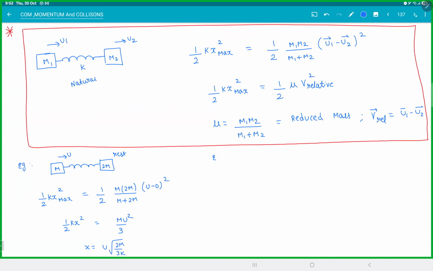Let me take one more example. Let's say this is 2m. This is 3m. Let's say this is going with 2u and this is going with 5u, in opposite directions. Can you find the maximum compression? Try, I'll give you a minute.